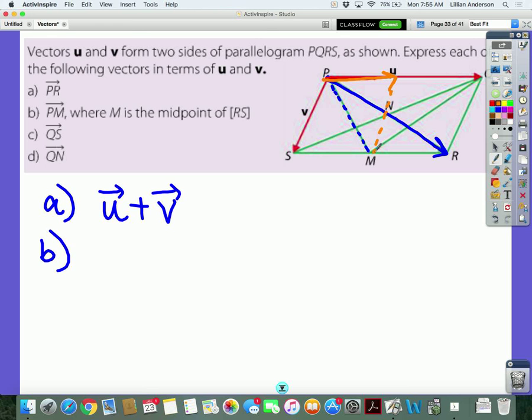Check it out, right? Does that make sense? Because if m is the midpoint of rs, the midpoint is going to be half of vector u, right? This is half of vector u. So then it's still dealing with the parallelogram method, so it's nothing but half of u.